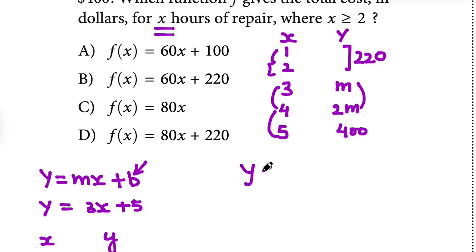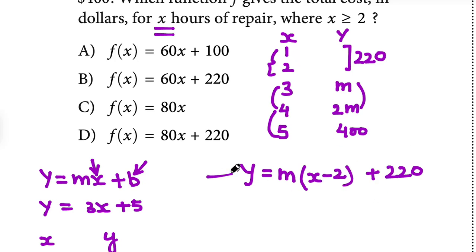Y is equal to 220, right? It's not the initial value actually. This is the value for 2 hours. So also we don't know the slope, because for 2 hours it's 220. Instead of x, we will do x minus 2 because 2 hours are already taken into account. So this is the equation we are going to use.